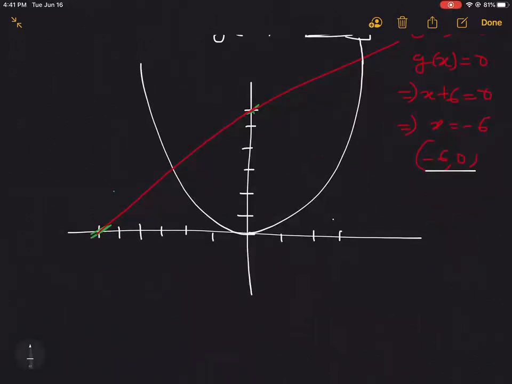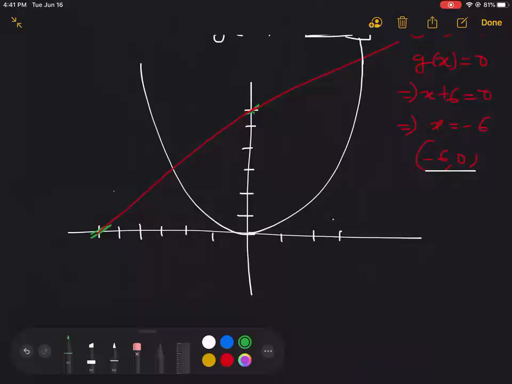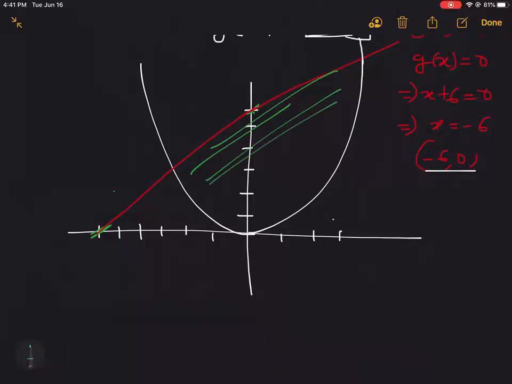So what it actually means, from the graph, is this entire portion below this red line. Do you guys agree with me?